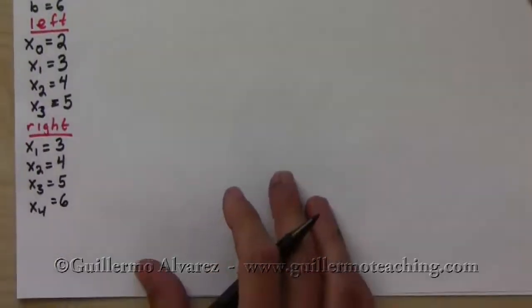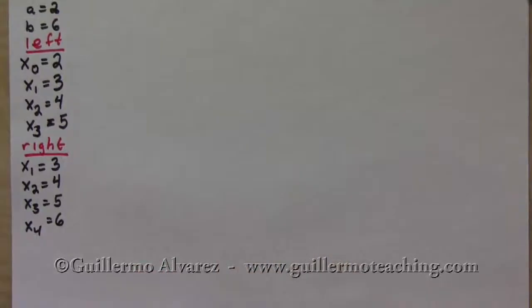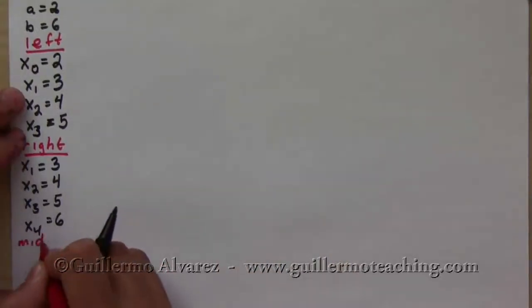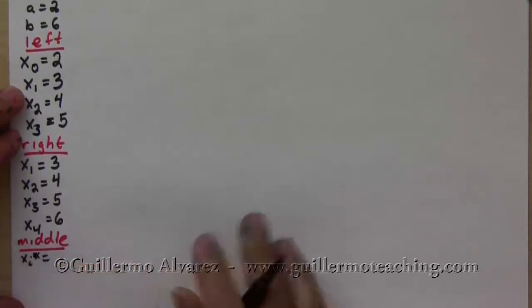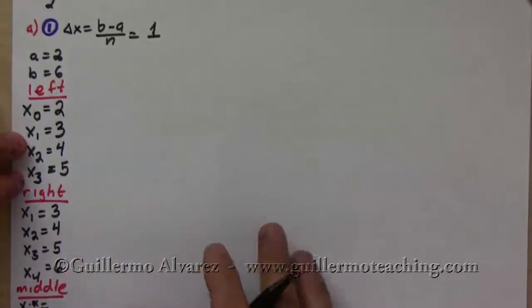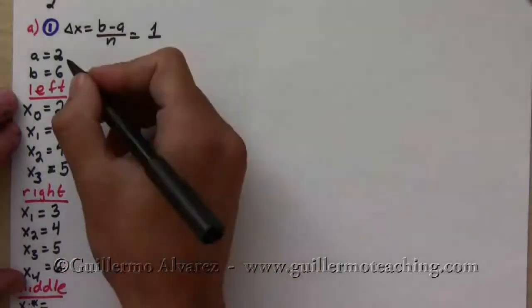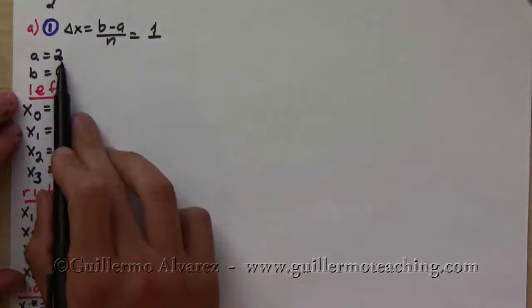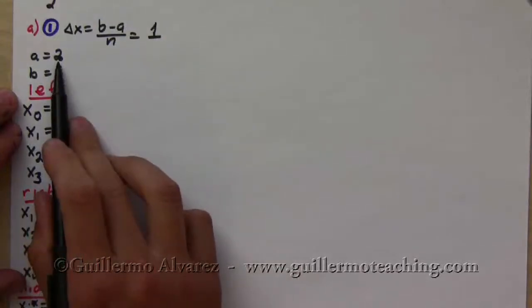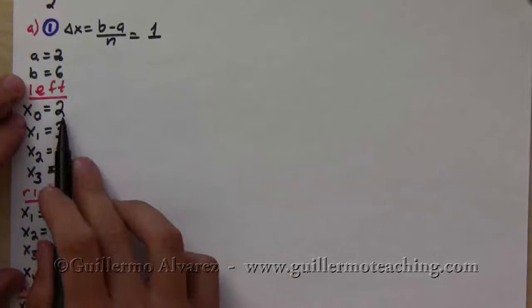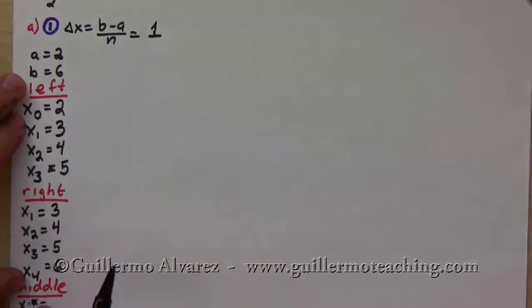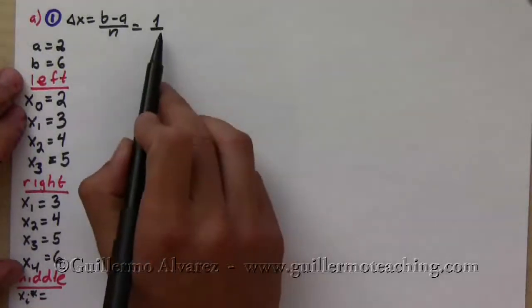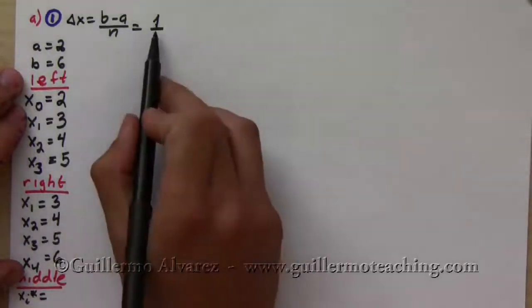Okay. Now for the middle, remember we call this x sub i star, and this one is right in the middle of your first two values. So if delta x is equal to 1, then your first x sub i star is going to be half of this.